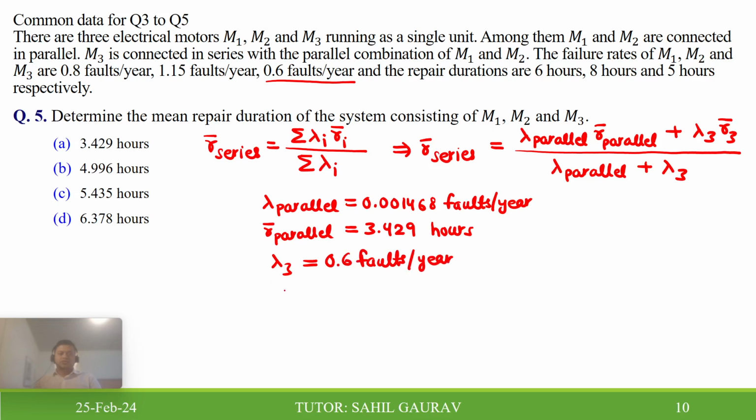And R3 bar is the mean time to repair. Sorry, lambda 3 is the failure rate. The failure rate is given as 0.6 faults per year, and R bar is the mean time to repair, that is given as 5 hours. Therefore, we can find all the expressions.